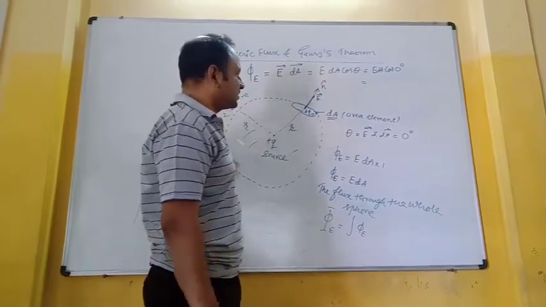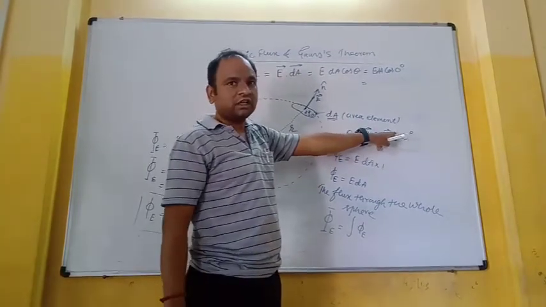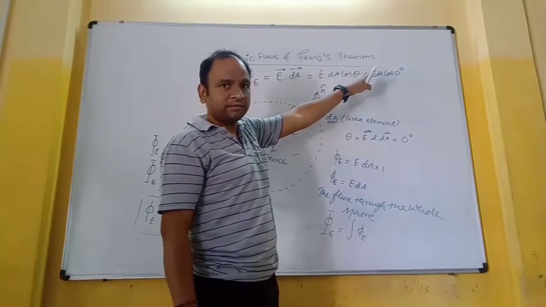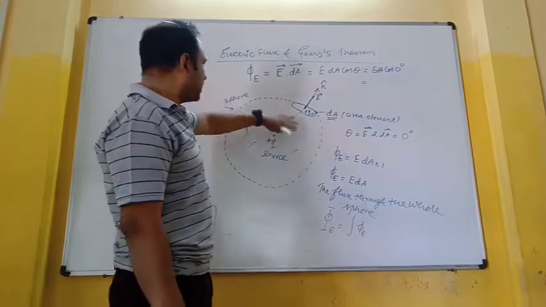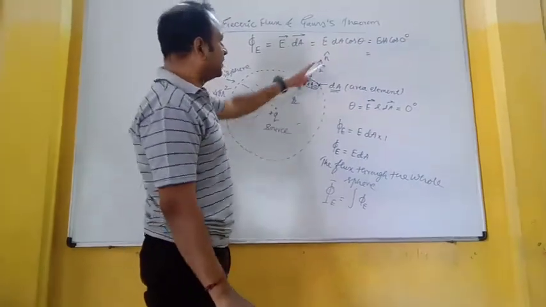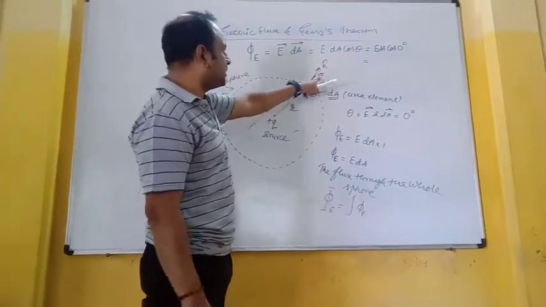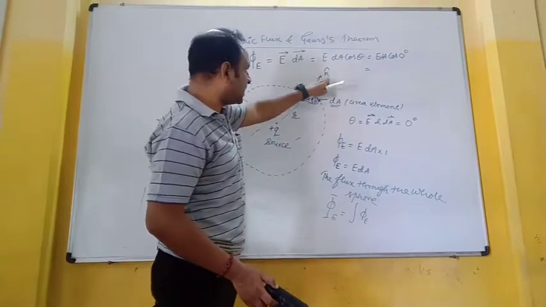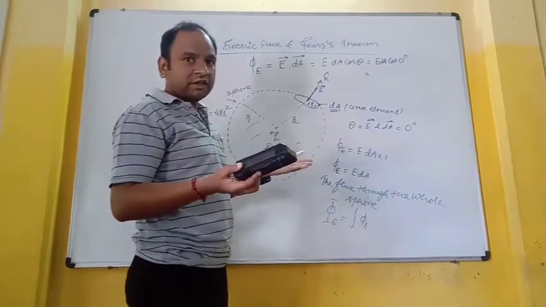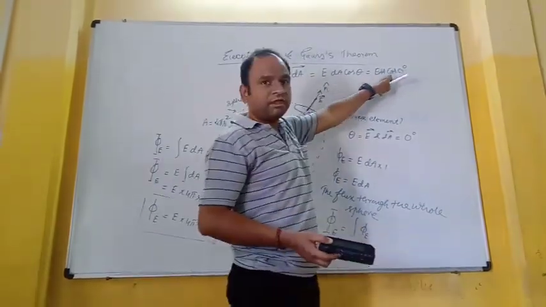Like in this case, theta was equal to 0 degree and therefore the flux was maximum. If I take any different surface, then the angle between this n cap and the E vector would be different, and therefore this flux would be different.